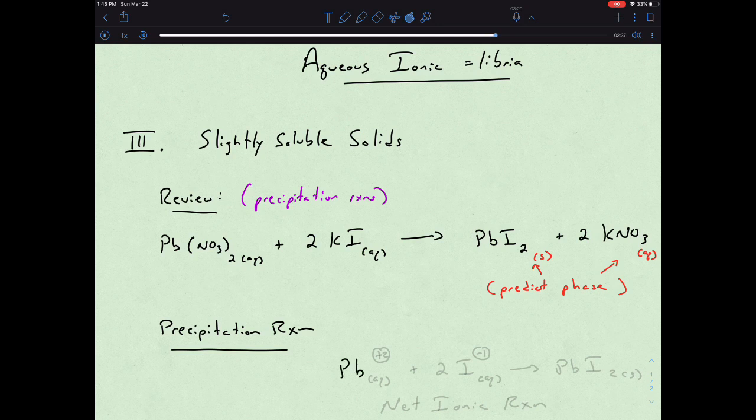Meaning that we could start with lead, that's aqueous, in that +2 state, plus 2 iodides that are also aqueous, and that produces lead iodide as a solid. This was our net ionic reaction when looking at precipitation processes.